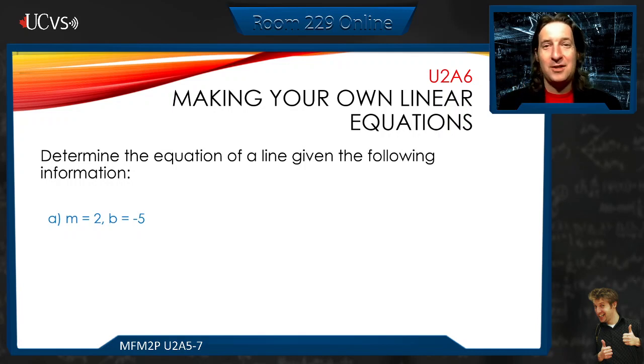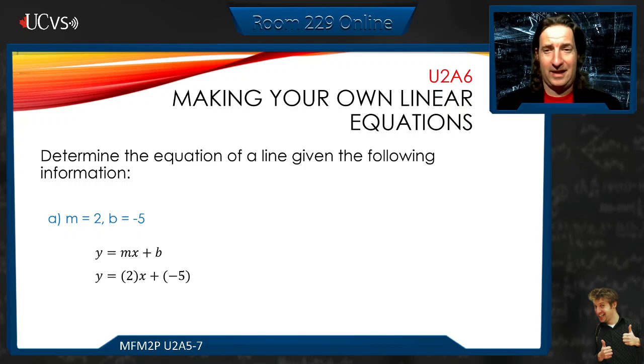Okay. So starting off very simple. They tell us the slope is 2. The y-intercept is -5. So first thing we do, we write down the general expression for a line. y = mx + b. General expression means this is any line at all. I can pick any number for m and b, and I can make any line that exists. Okay, this is the line equation. Now I have to replace m with 2, like they tell us, and we're going to replace b with -5.